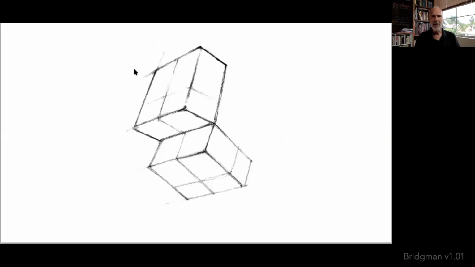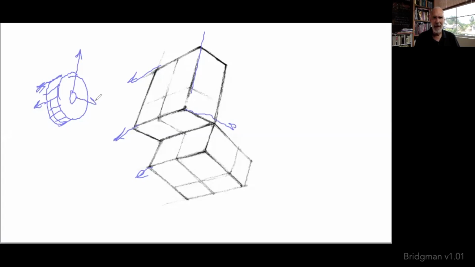This is easy because every X line goes the same direction. The analogy is a wheel, a tire, let's say, a wheel on a car. And the tire treads, no matter how the wheel spins, sorry for the terrible ellipse, they always go in the same direction. Now, this line will change its direction because it's aimed back there. And this line is certainly changing its direction because it's aimed that way.